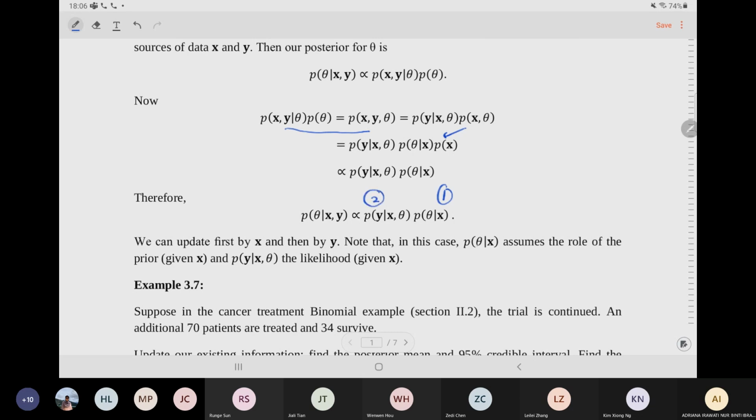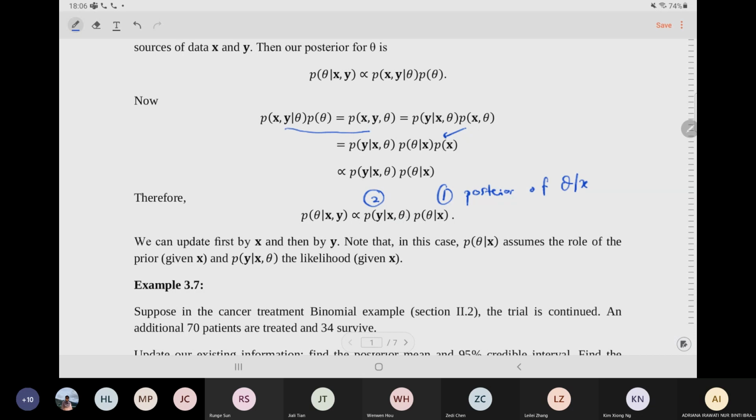The first one is the posterior of theta given X. Then you have your new joint PDF, or likelihood, of your Y given the previous data X and the parameter theta.